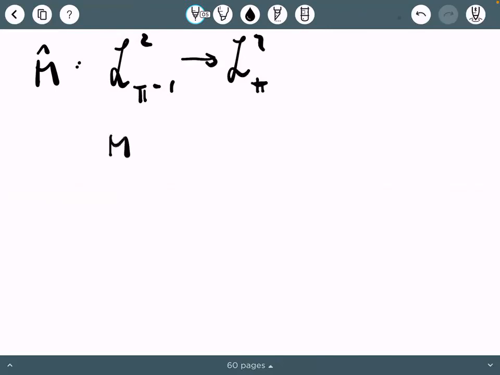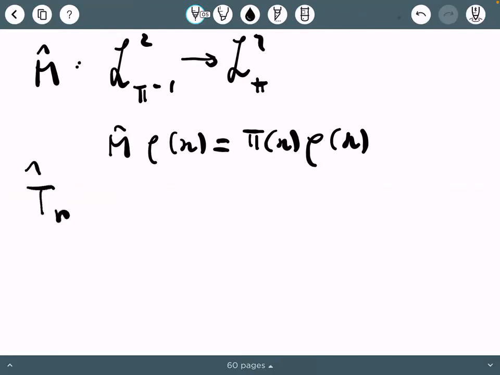M acting on rho of x will be pi of x rho of x. So basically you're multiplying by the Boltzmann factor.